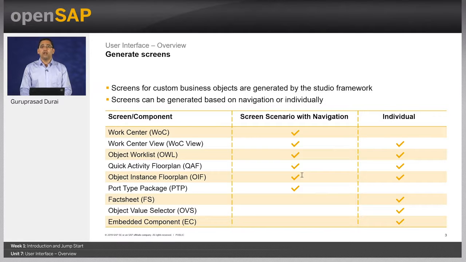Note that with scenario based navigation, the framework takes care of navigating from one screen to another. However, if you create screens individually, then you need to configure the navigation between screens. The possible list of screens that can be created manually or generated with the screen scenario based navigation are outlined in the below table.